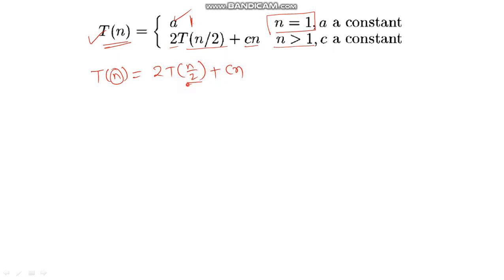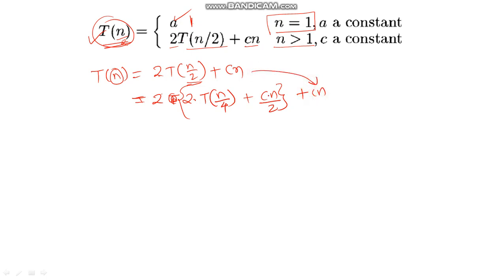If I put n equal to n/2 in this equation, I get 2 as it is, into 2T(n/4), so I am dividing. So if I put n equal to n/2, what I get is 2T(n/4) plus Cn/2, this whole equation, Cn/2 plus Cn. This Cn as it is, and this is Cn.